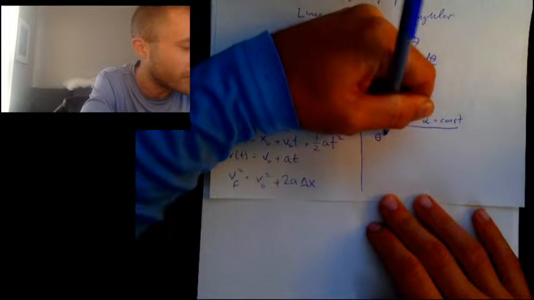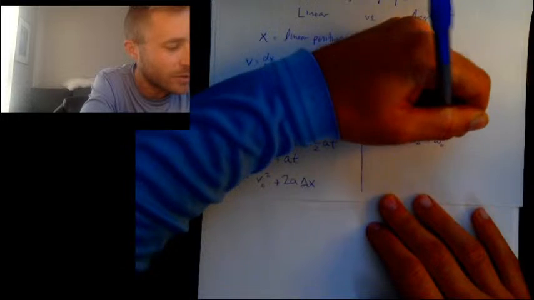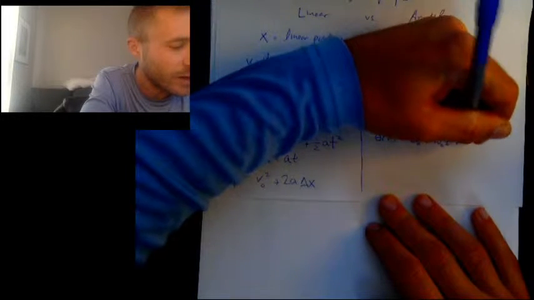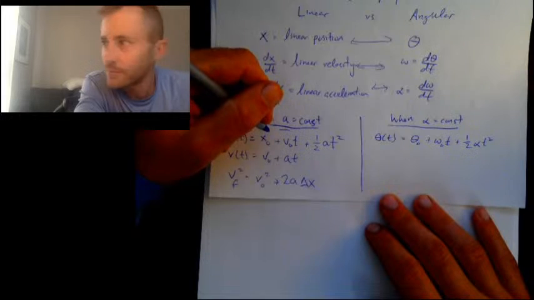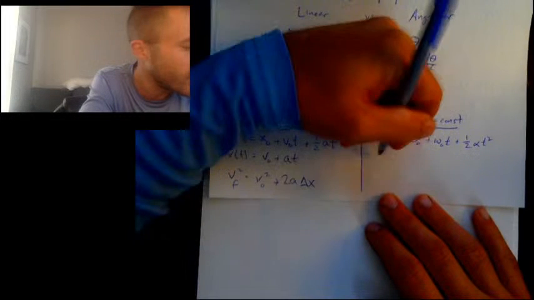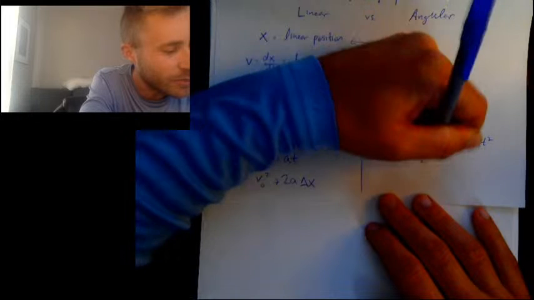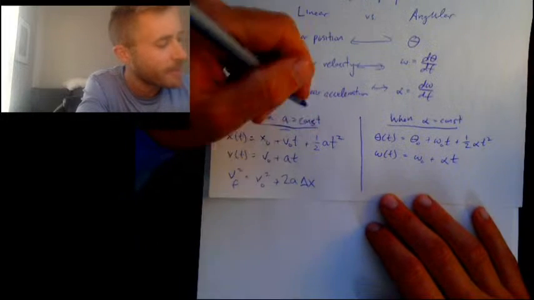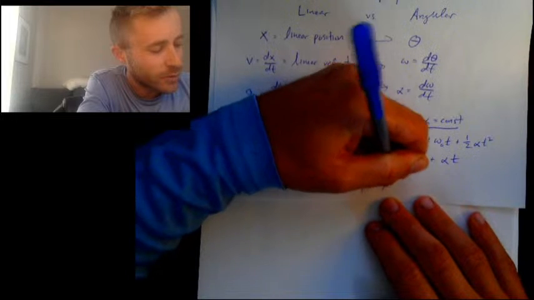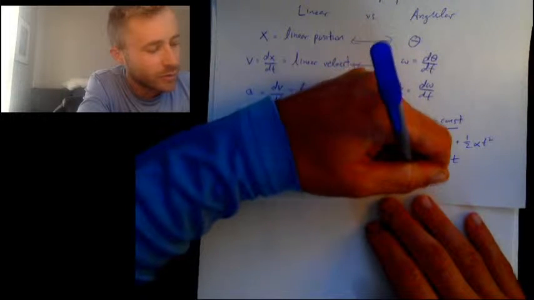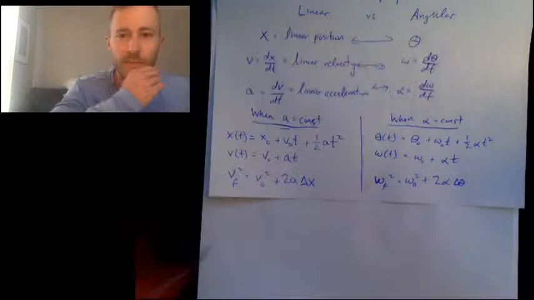So theta of t equals theta naught plus omega naught t plus 1/2 alpha t squared. We have omega of t is omega naught plus alpha t, and we have omega final squared equals omega initial squared plus 2 alpha delta theta.